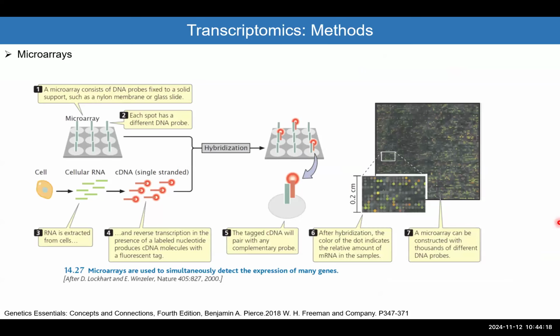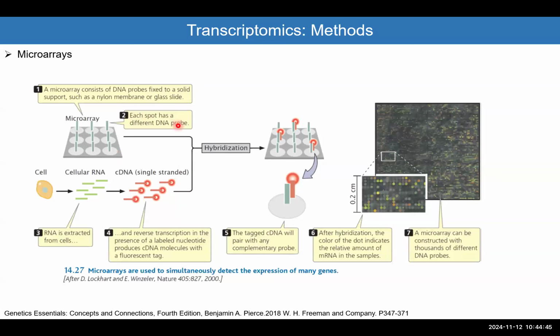So if we look more in detail at how the microarray spots look, you can imagine it here. With these spots, you have single-stranded cDNA, single-stranded probes that are complementary to a specific gene. This is for gene 1, gene 2, gene 3, 4, 5, 6, till 9.